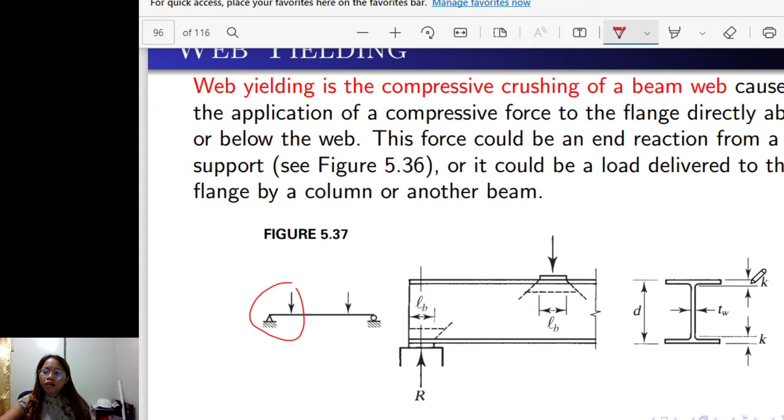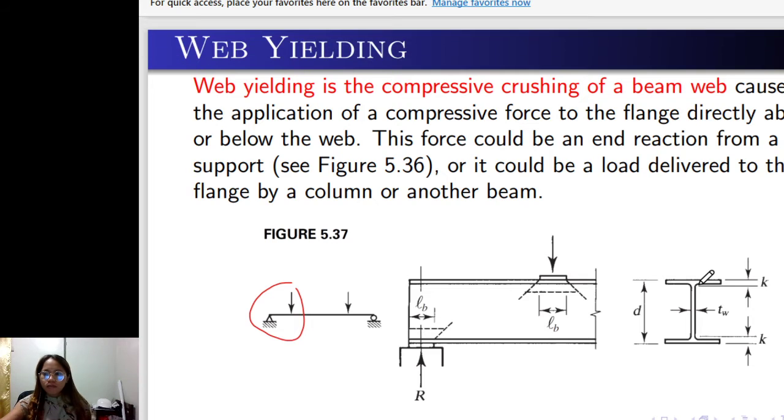After the value of this k, this k is from the outermost part of the flange to the fillet, the bulge of the flange, after the flange. This is web yielding.